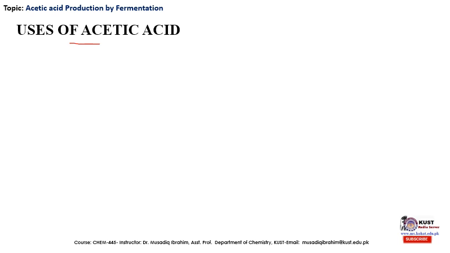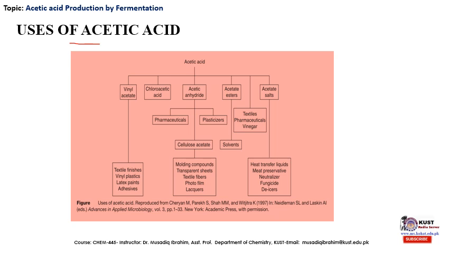Now moving towards the uses of acetic acid. So first of all, acetic acid is being modified into different types of chemical compounds. For example, vinyl acetate, which is used in textile finishes, vinyl plastics, latex paints, and adhesives. Another modified form of acetic acid is chloroacetic acid.